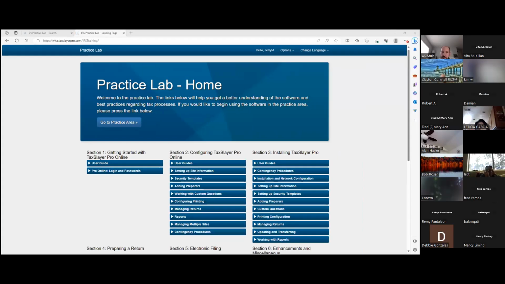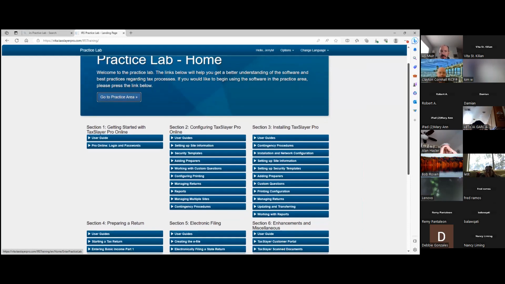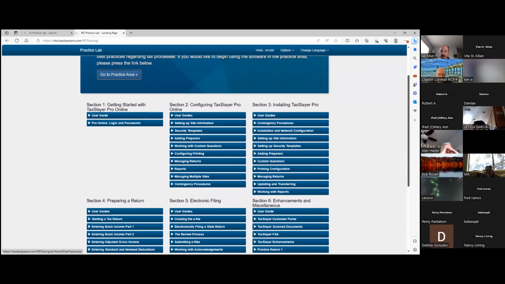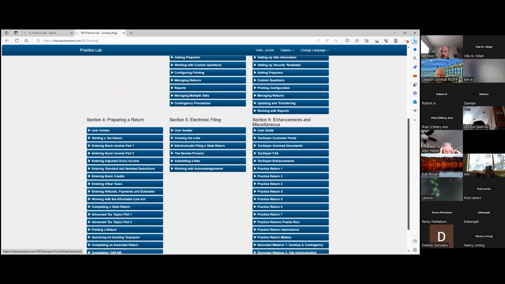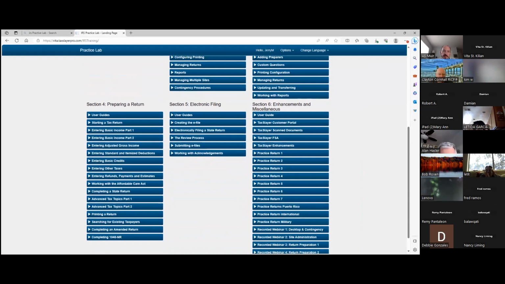Okay, Sean, can you see the practice lab? I do. Okay, very good. Just a couple things, and again, this is for our new or newer volunteers. When you go to the practice lab, there's a lot of information. You can spend weeks and weeks on this, but if you are going to jump into any portion of it, spend a little time in preparing a return.